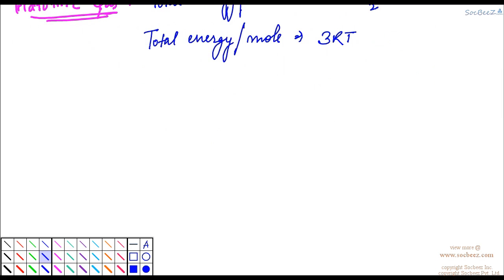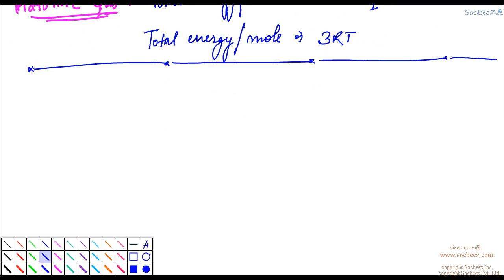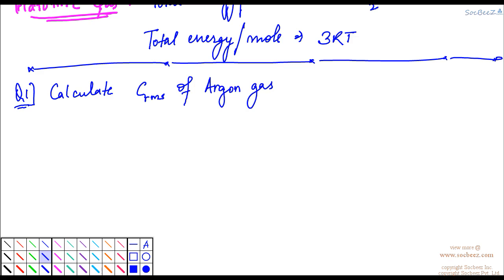So now let's do some questions based on the ideas we have learned till now about the ideal gases and the various other concepts. Okay. So the first question is very simple. It says calculate CRMS of argon gas at room temperature, which is 25 degrees Celsius.